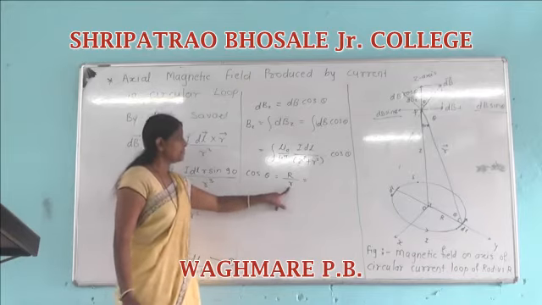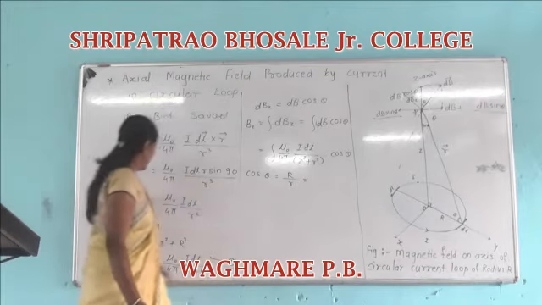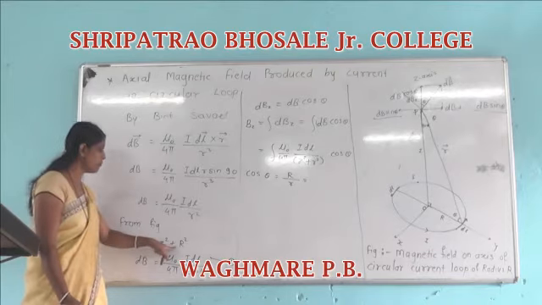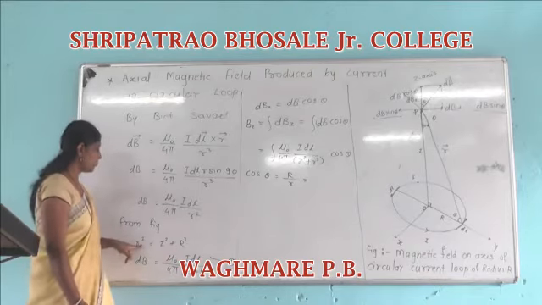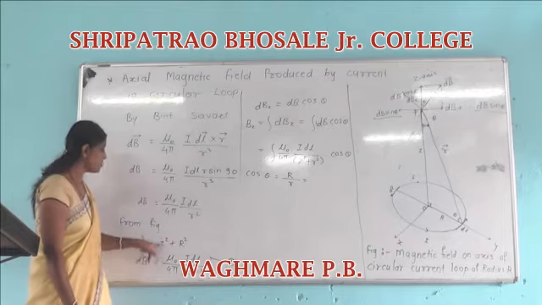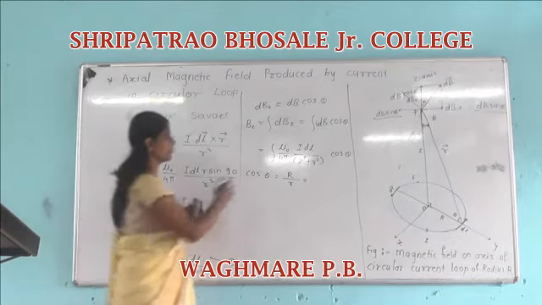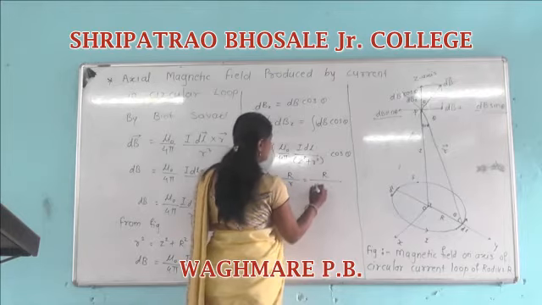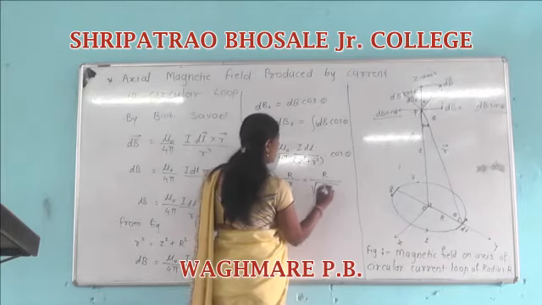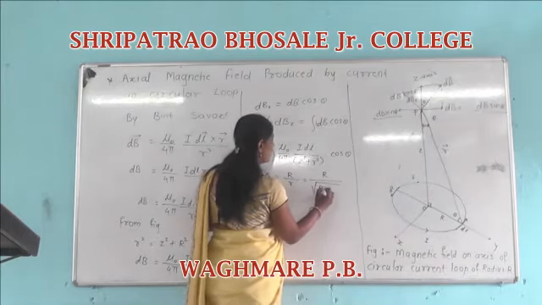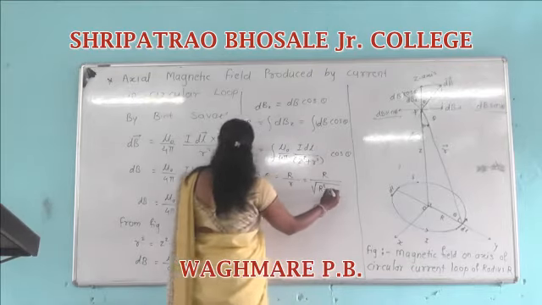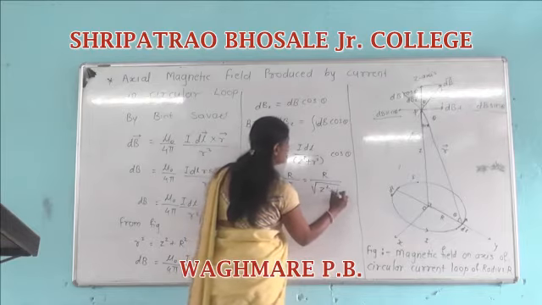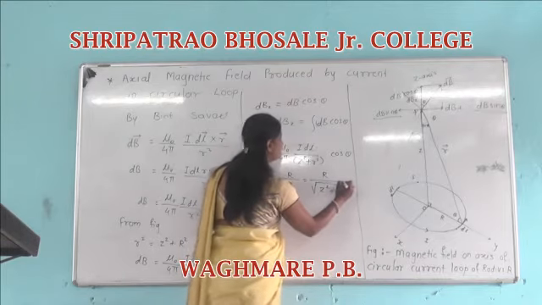Here we have found r square is equal to z square plus R square. Therefore, r is equal to under root of z square plus R square.